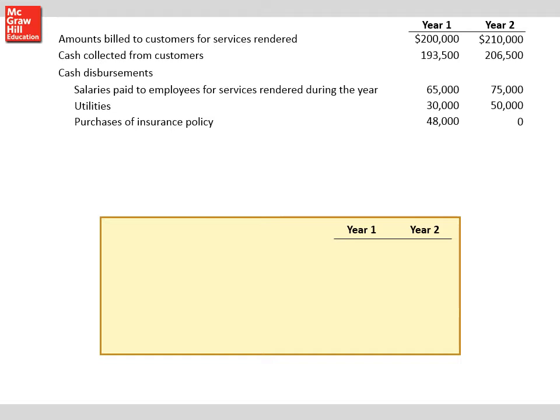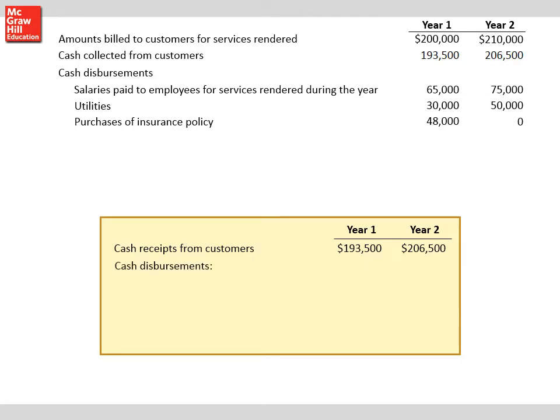In our first requirement, we're focusing on the net operating cash flow for years 1 and 2. So we would first start with the cash receipts from customers because that's the actual cash collected. Year 1, $193,500, and year 2, $206,500.